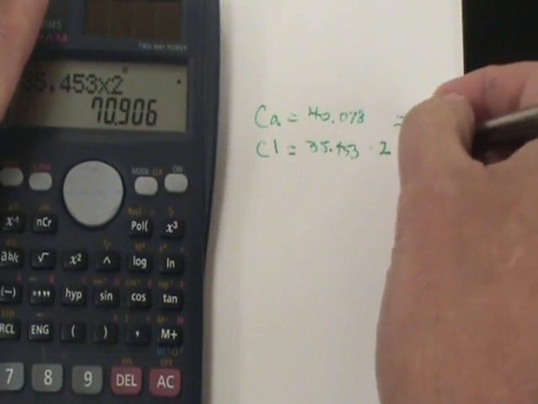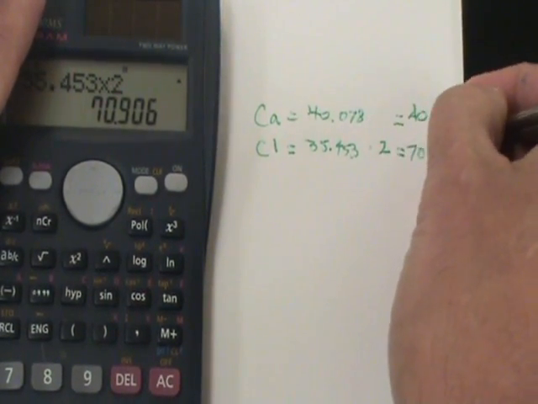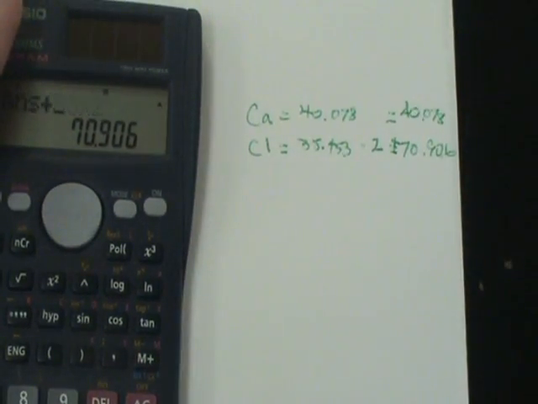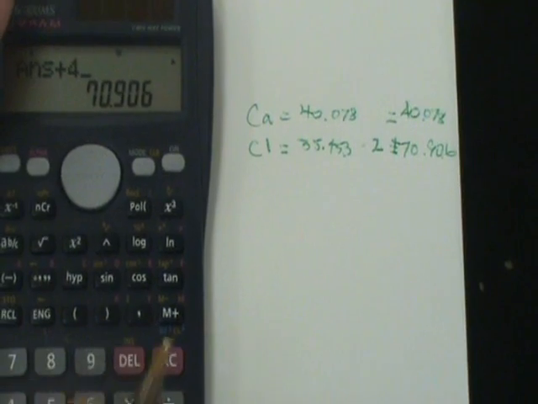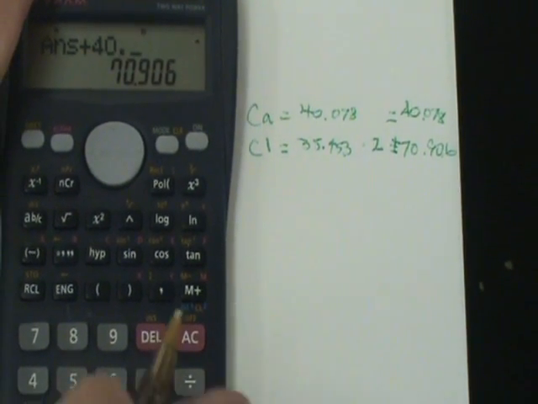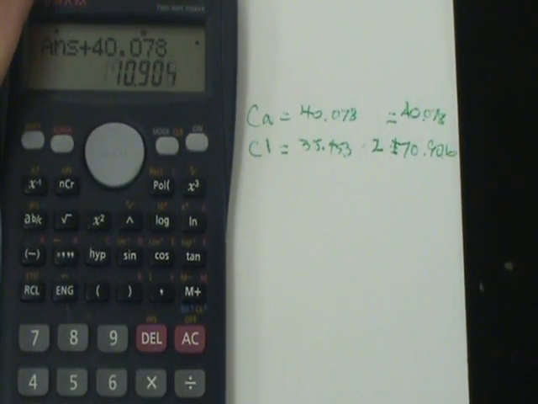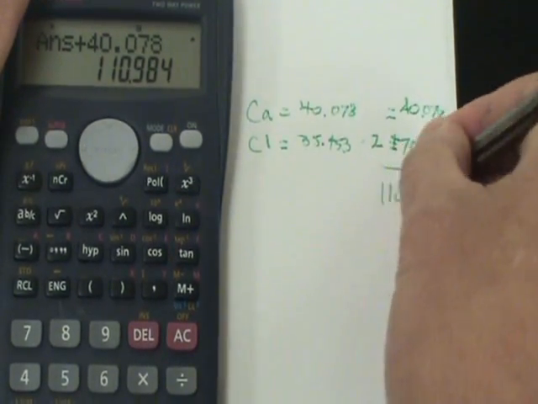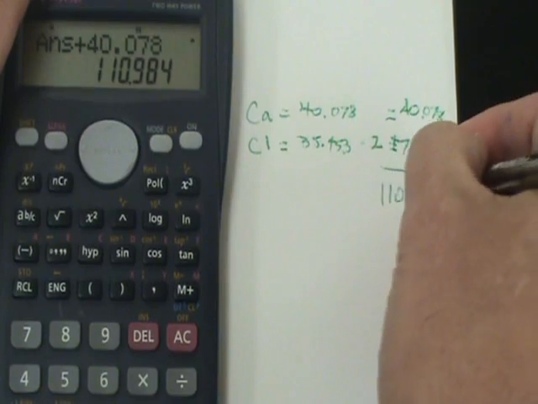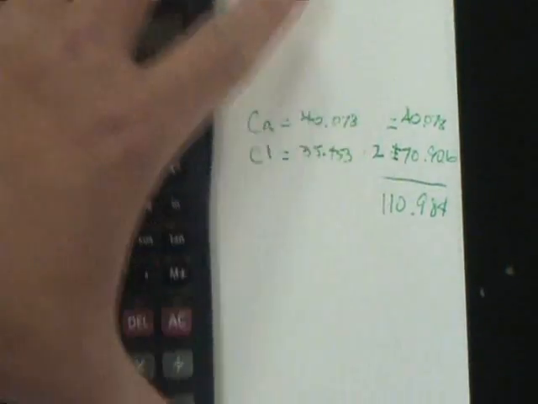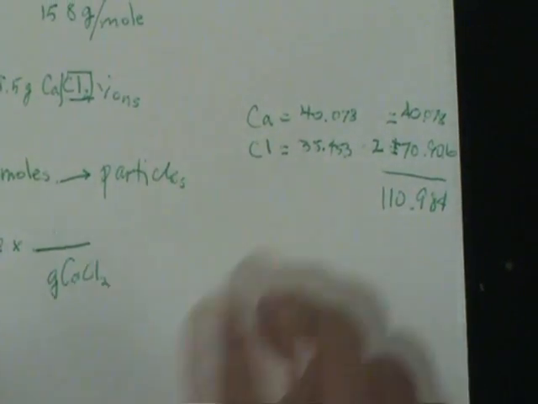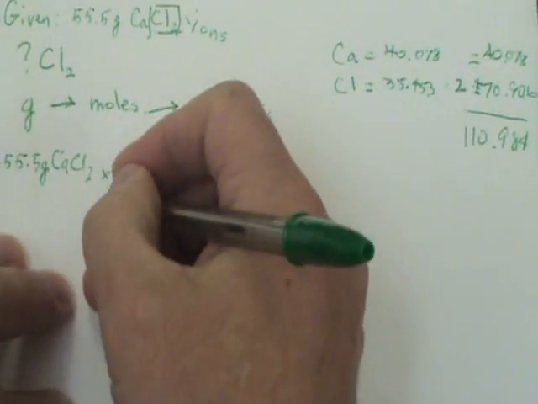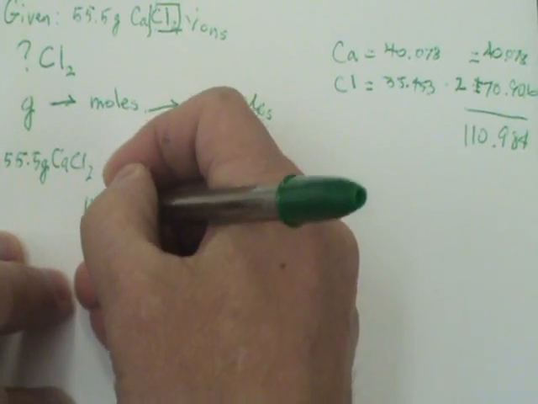There we go. That's 70.906. We add them up, plus 40.078. That gives us 110.984. So the molar mass of calcium chloride is 110.984 grams, and this is what we write down here.